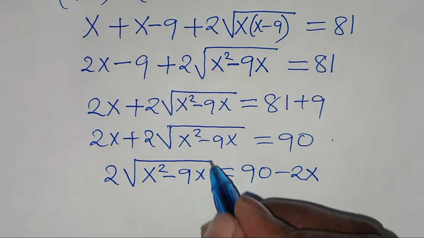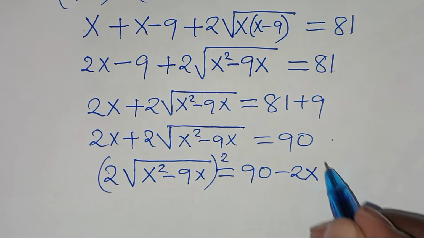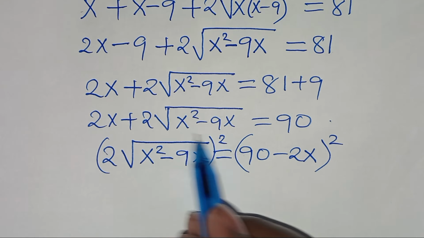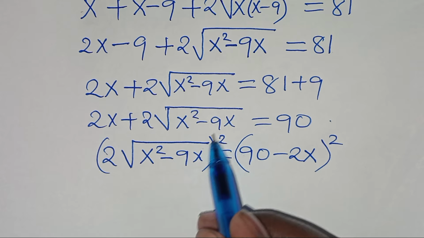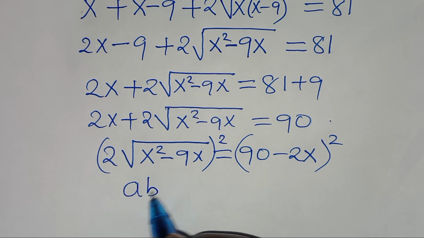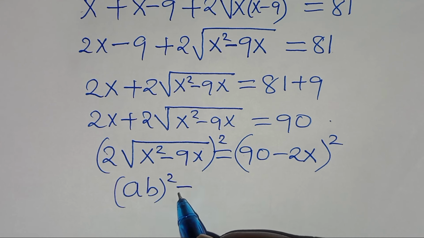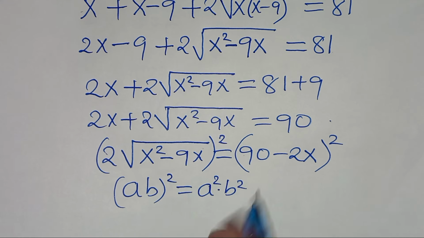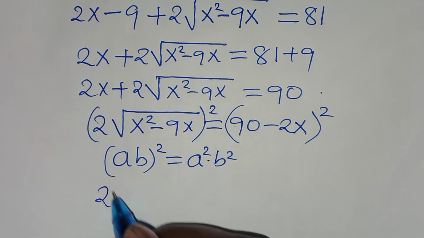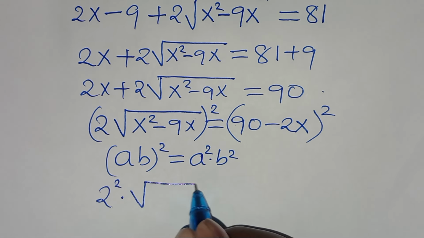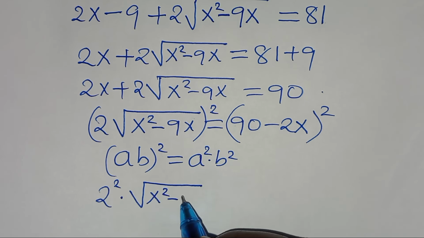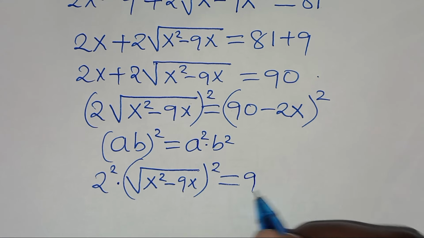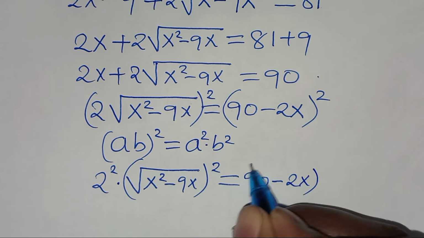Now the next step is to square both sides. 2 times square root of x squared minus 9x is in the form of (ab) squared, which you can express as a squared times b squared. Let's apply this property: 2 squared times (square root of x squared minus 9x) squared equals (90 minus 2x) squared.